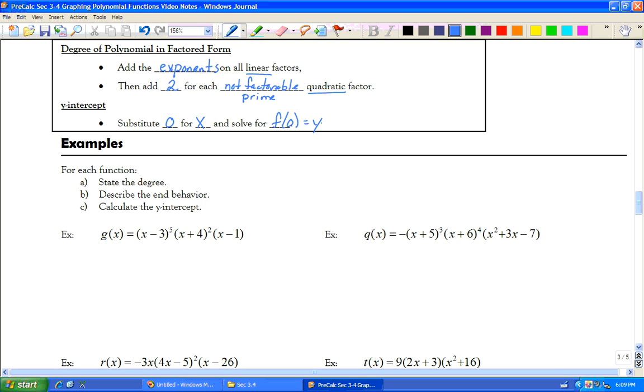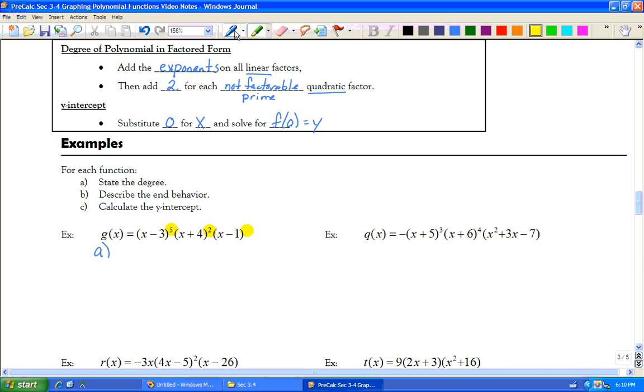Okay, so in our first example, state the degree. So let's take a look at all of our factored form of our zeros. This is a linear factor because it's of degree 1. And its multiplicity is 5. Next factor, again, is linear because the x is to the first power. And its degree is 2. And then our last factor is also degree 1, and its multiplicity is 1.